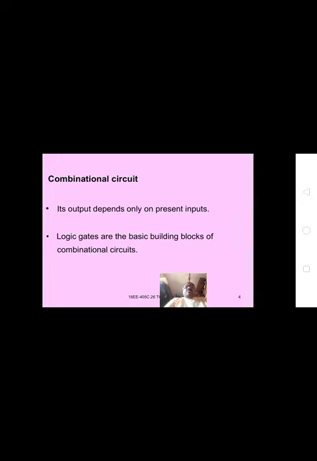Whatever the input used to get the output, that output depends only on the present inputs. Logic gates are the basic building blocks of combinational circuits.